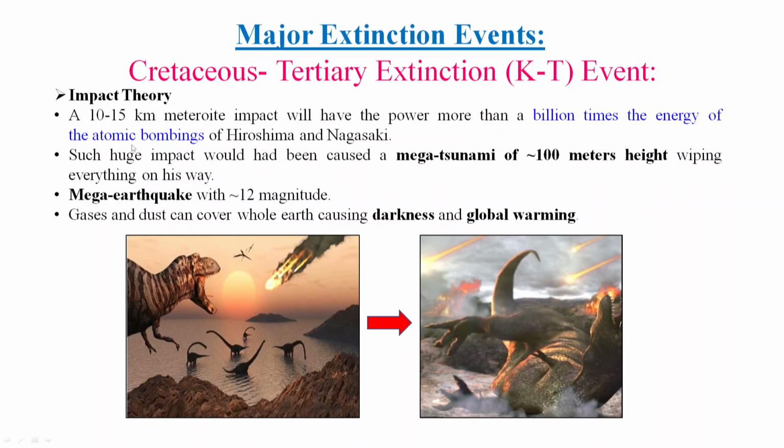Gases and dust might have covered the whole earth, causing darkness that led to global warming and obviously the death of the dinosaurs.